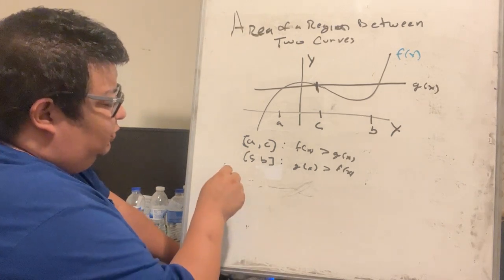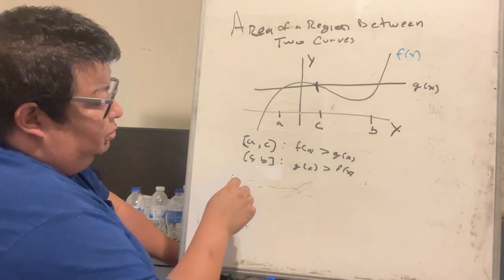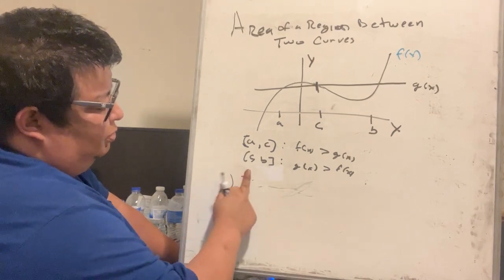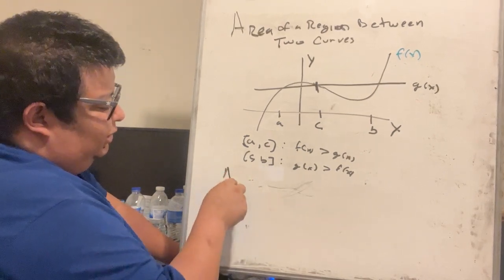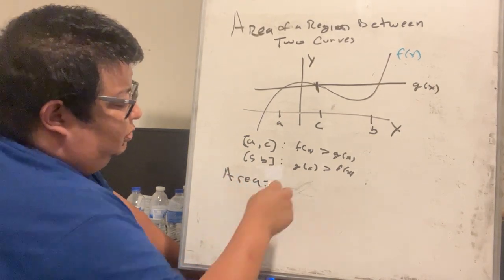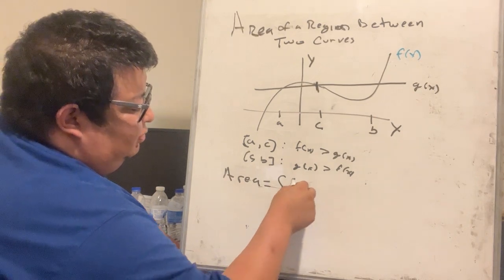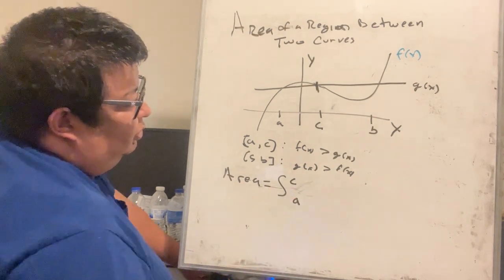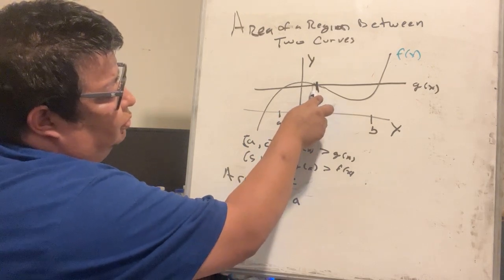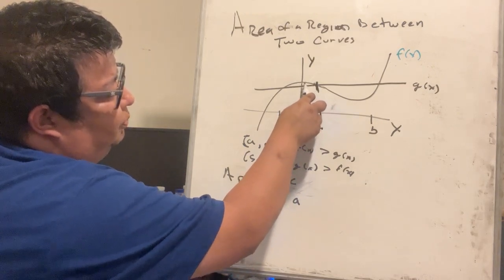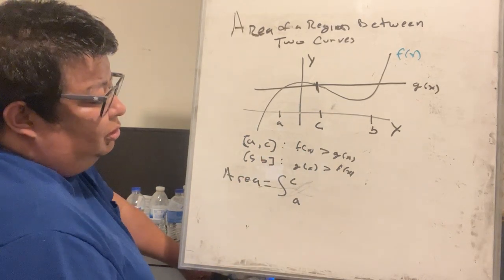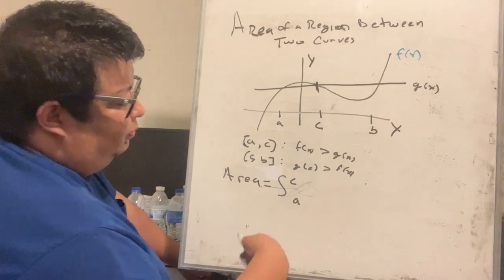So instead of doing A to B, the area is equal to the integral from A to C of, and remember, we're going from top to bottom, with respect to x.